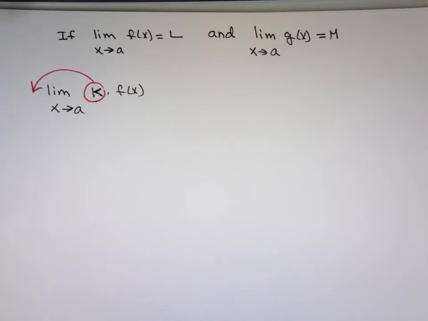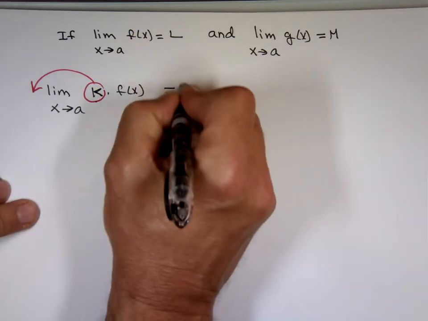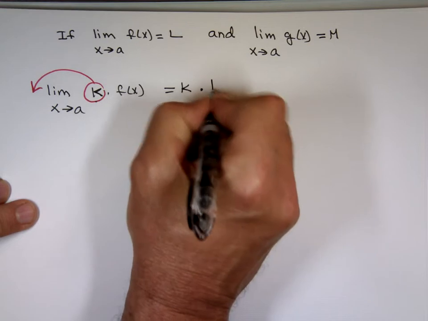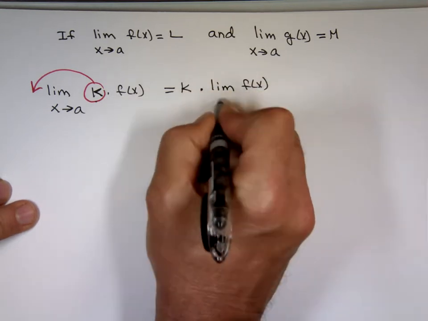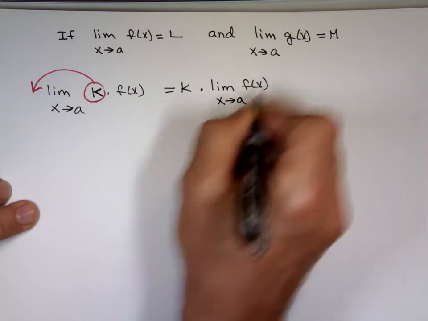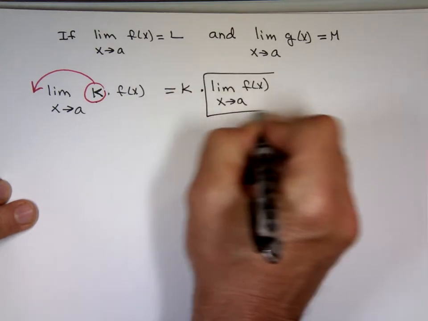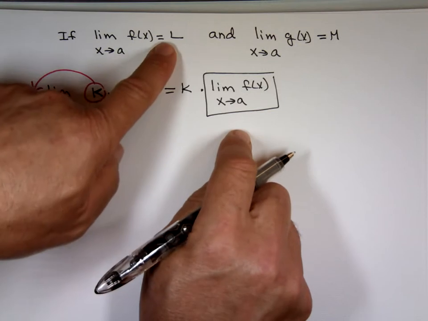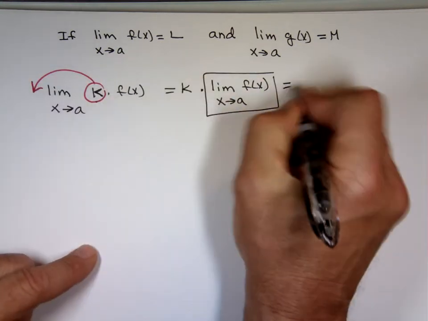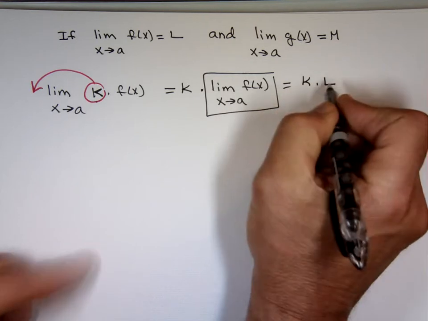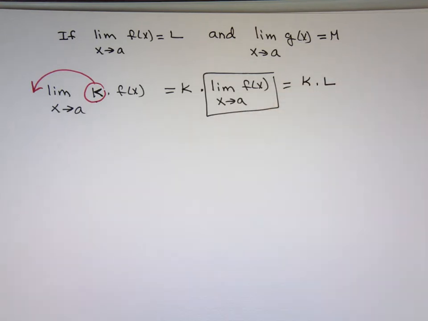So if you want, you can break it down to k times the limit of f of x as x approaches a. Well, we know what the answer to this is. That's equal to what? L. See it? So this will be k times L.